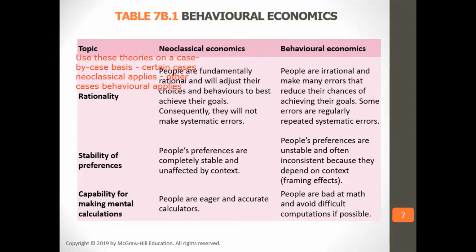On stability of preferences: neoclassical economics says people's preferences are completely stable and unaffected by context. Behavioral economics says people's preferences are unstable and often inconsistent because they depend on context. Neoclassical economics says people are eager and accurate calculators. Behavioral economics says people are bad at math and avoid difficult computations.